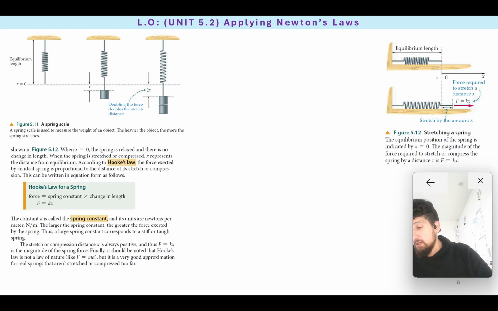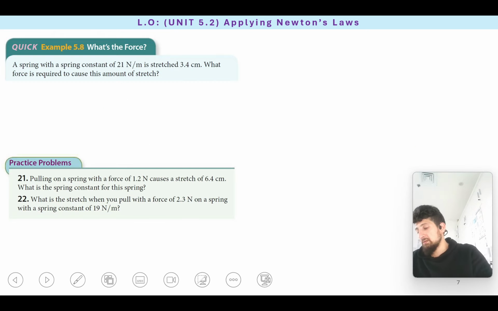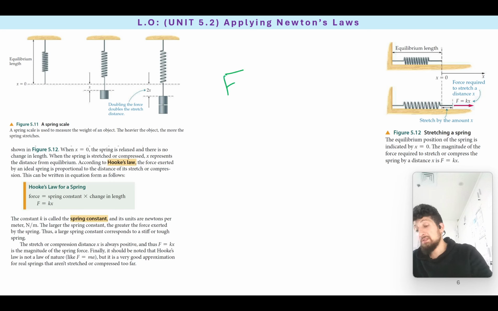Okay, let's go. So the force acting on a spring. Remember how we said force equals mass times acceleration? We know that, and we know that weight, which is a force, is equal to mass times gravitational pull. And then we also have something else now.